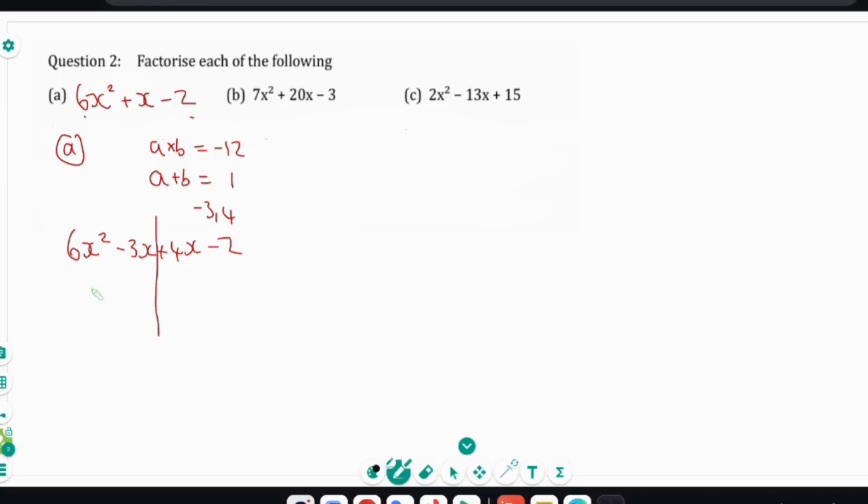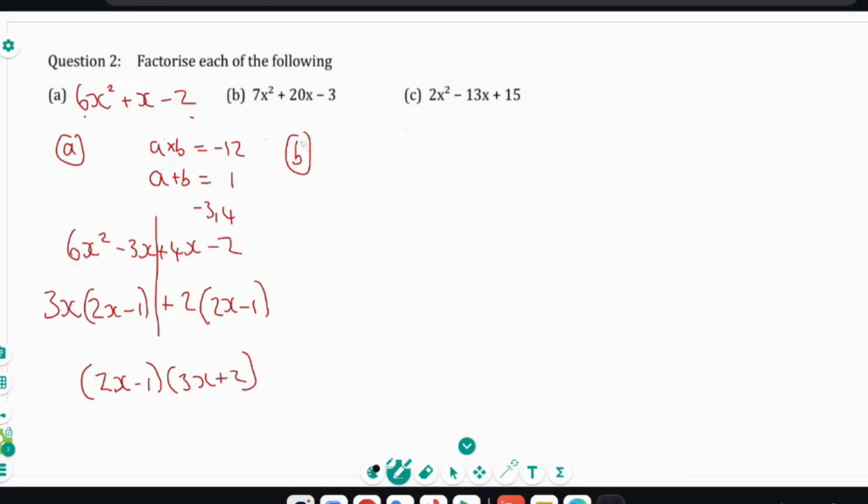Factorised, highest common factor of 6 and 3 is 3. Both got an x in. So 6x squared divided by 3x is 2x. And then highest common factor is 2. So it would be 2x minus 1 and 3x plus 2.